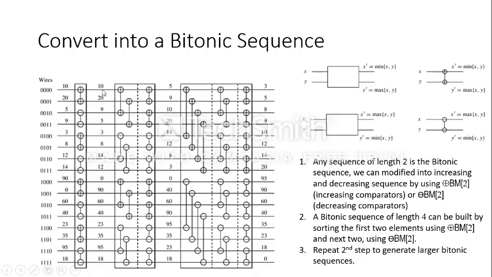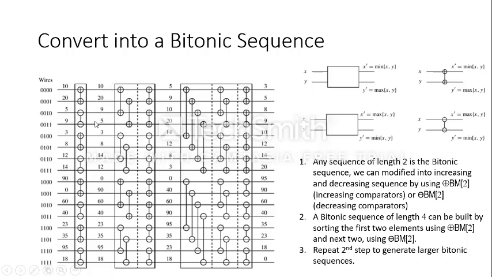So the first two values are 10, 20, and then 9, 5. These four values are provided as input to the next Bitonic merging operation, and we know that the Bitonic merging operation takes place over the logarithm of the number of elements.